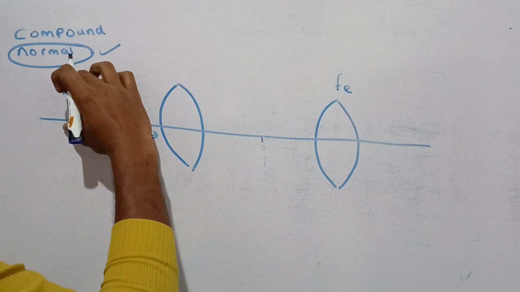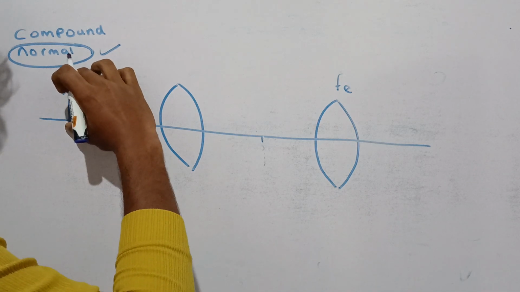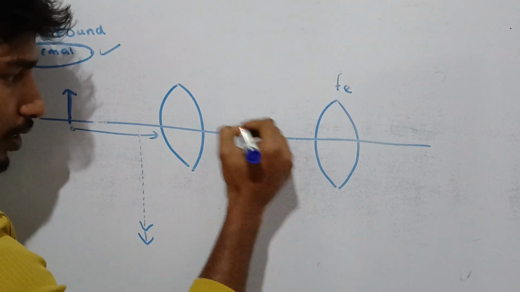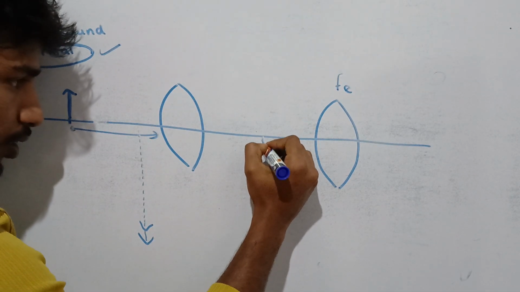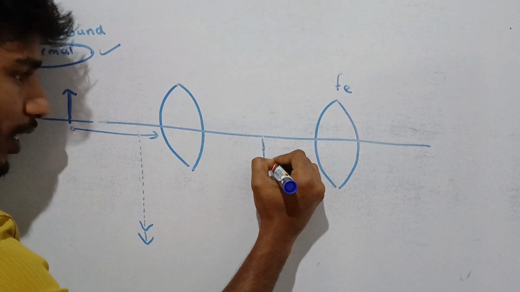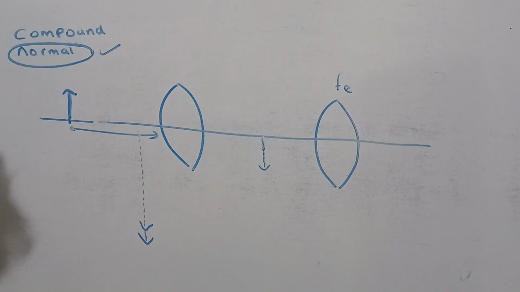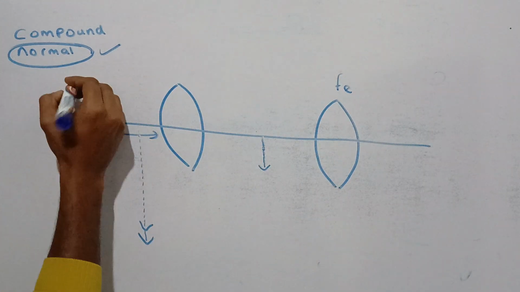So you can see that a real object forms a real image when it is subjected to the objective lens. The first image is produced here, and you should understand it is inverted.